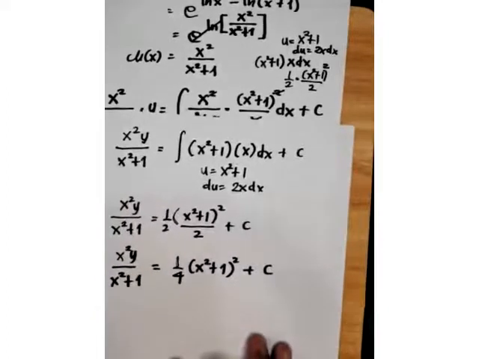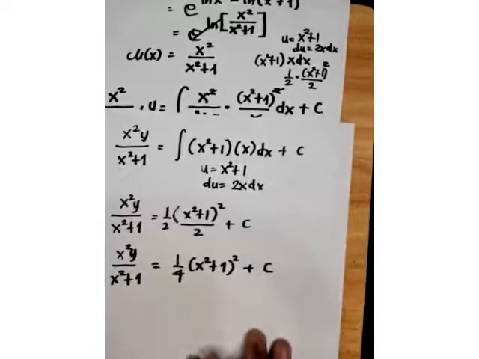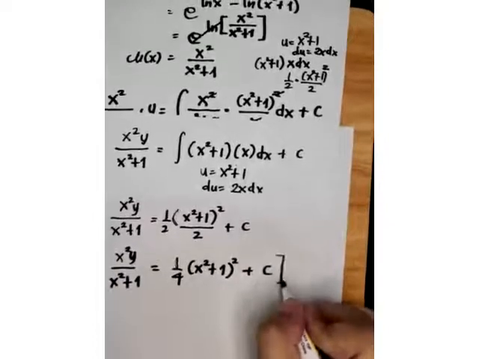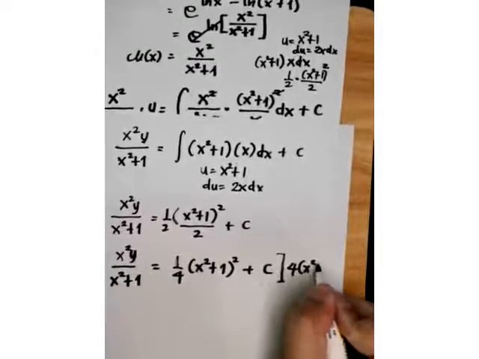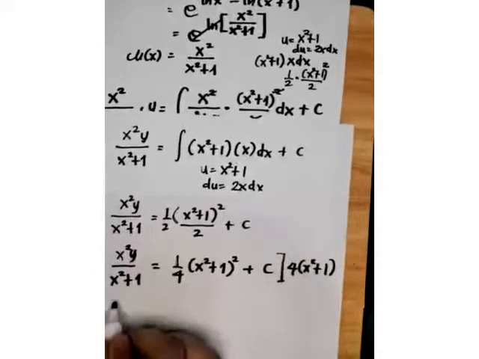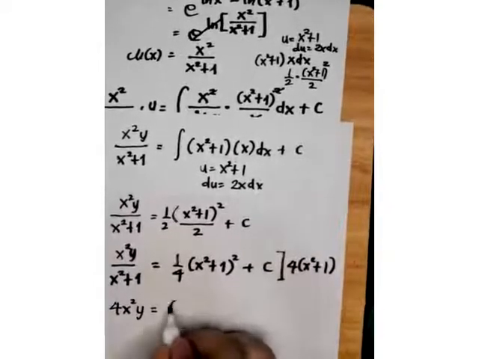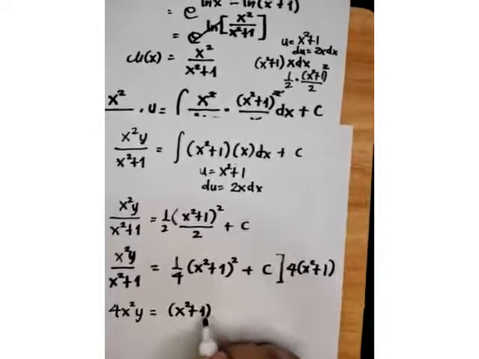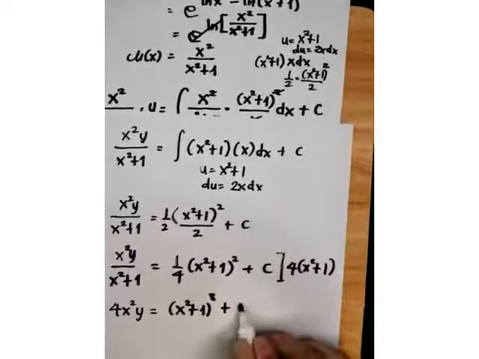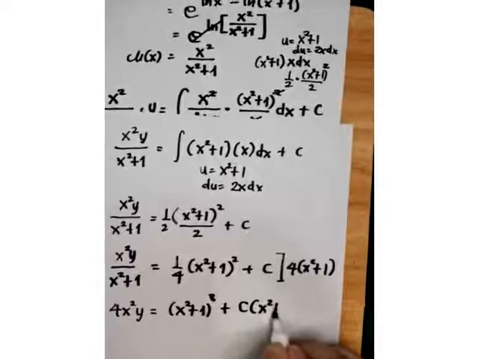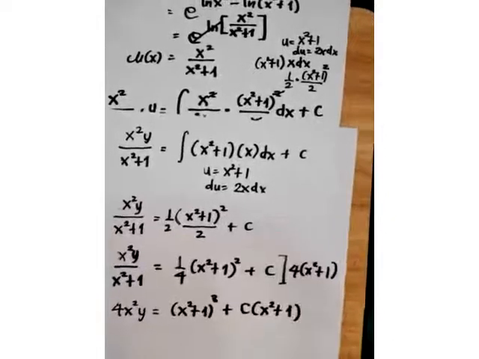Ayan. And then, pwede natin itong i-multiply ng 4 at saka x squared plus 1. So, magiging 4x squared y is equal to x squared plus 1 cube plus c x squared plus 1. Ayan.